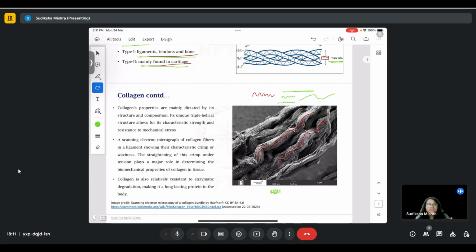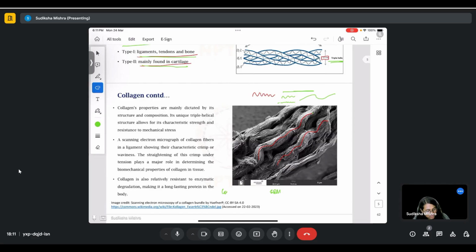Also, collagen is one of the proteins which is relatively resistant to enzymatic activity. Therefore, it's a very long lasting protein. There are enzymes that would degrade it, but they are not synthesized in normal conditions, as I don't think they are synthesized in the human body.